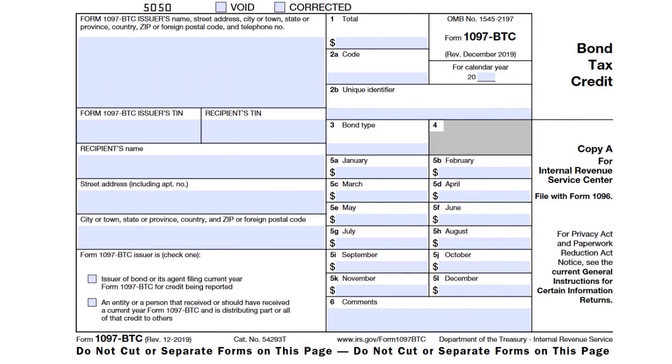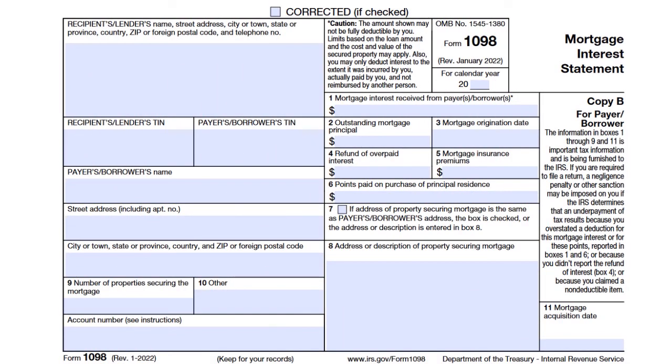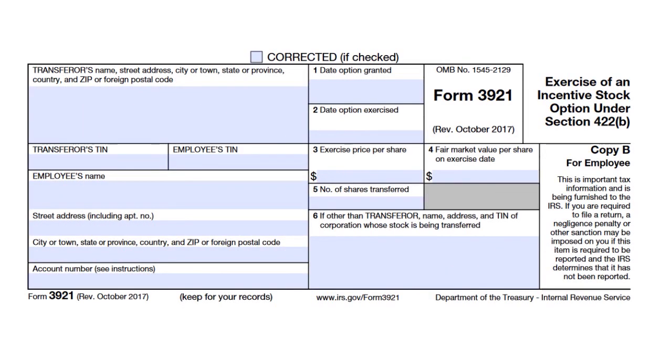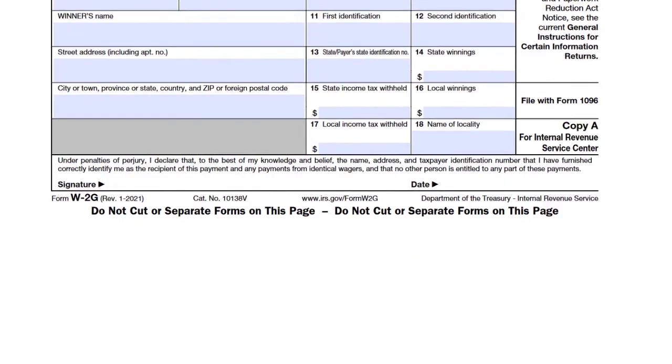This is the deadline for electronically filing Form 1097, Form 1098, Form 1099, Form 3921, Form 3922, and Form W2G. March 31st is also the deadline for businesses to electronically file Form 1099 and Form 1096.